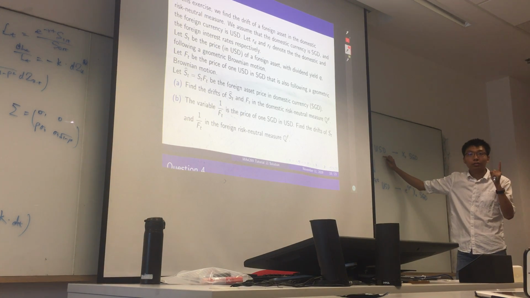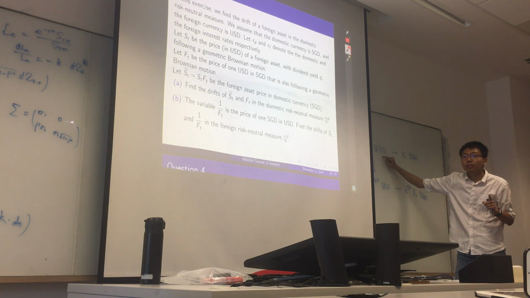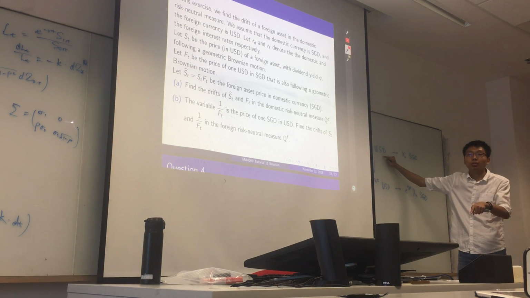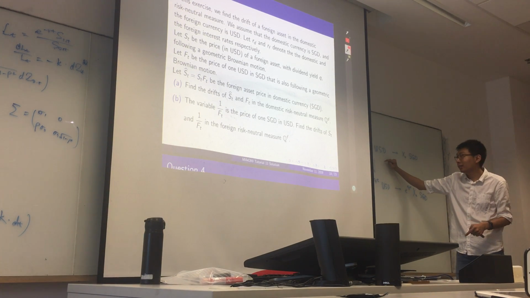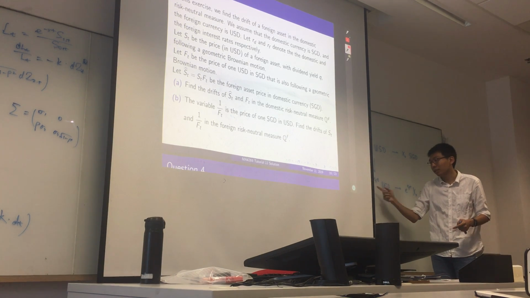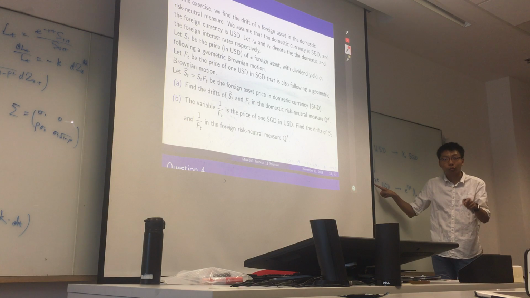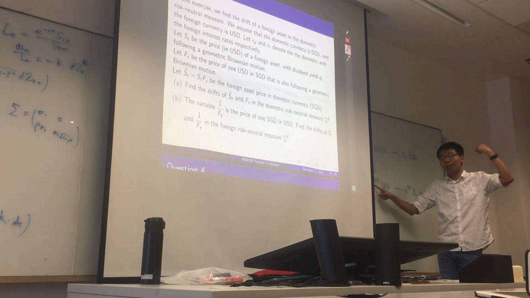If I have $1 at the beginning, the natural thing I can do with this $1 is put it into a bank in the US. Then the bank will pay me interest, ideally at the risk-free interest rate in the US. Because in the US there is a risk-free interest rate, but in Singapore it's a different number.